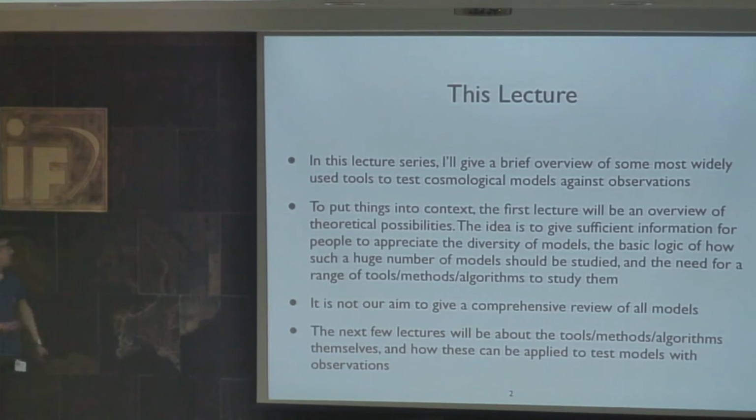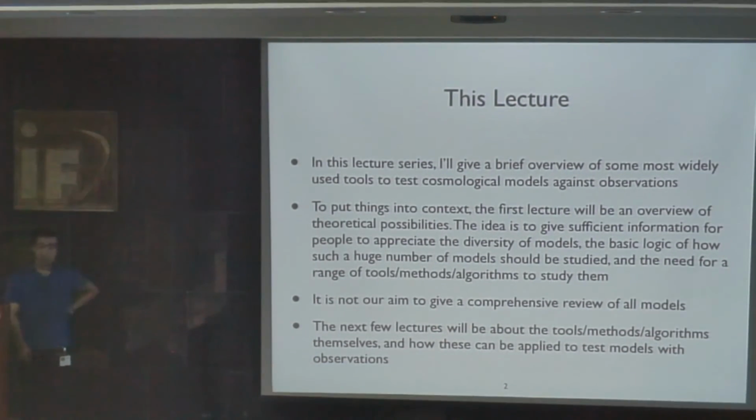Just a little bit of context. In this lecture series, we're talking about non-standard models to explain the cosmic acceleration. In Solom's talk, he mentioned that we have a very successful model, the standard cosmological model, which is lambda CDM, and this model has only 6 parameters.